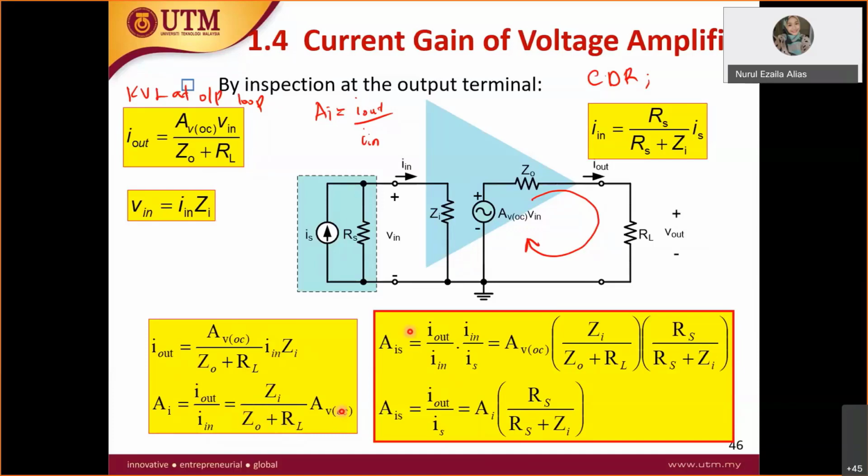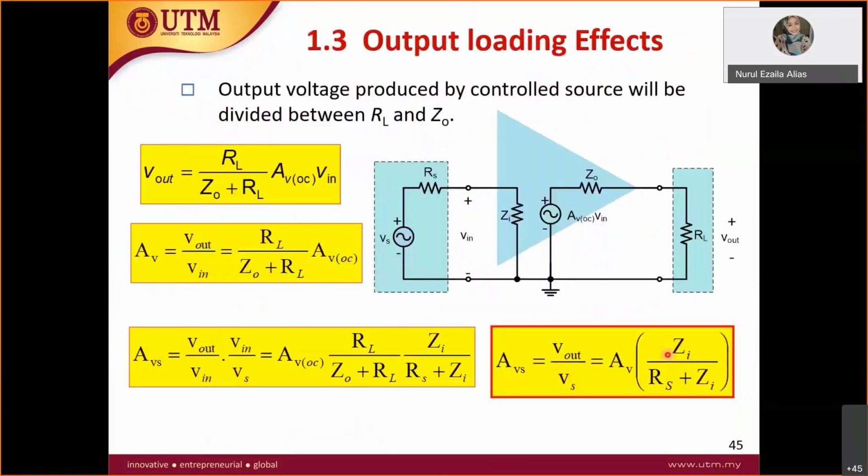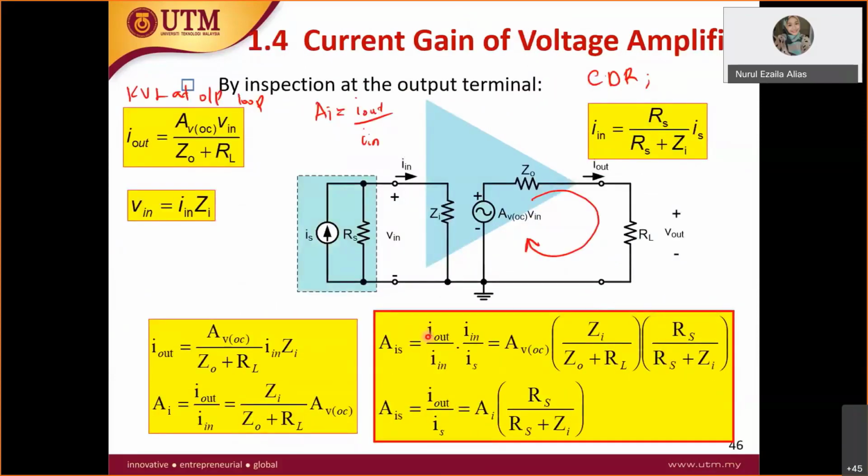If you want to get AIS, it is the same derivation as I have explained here. I out over I in times I in over IS: it is like you cancel out this part, but you do not actually cancel it out. I out over I in you already have, which is Z in over Z out plus RL times AVOC.